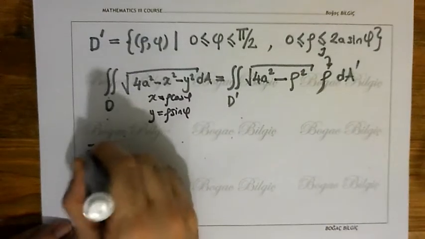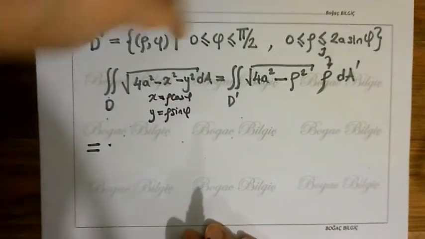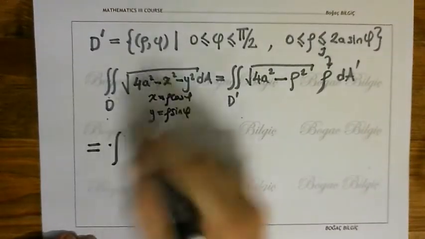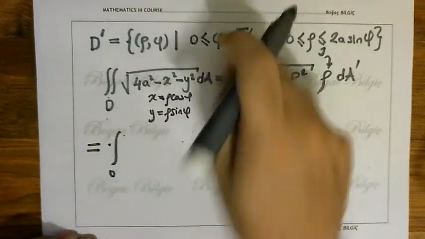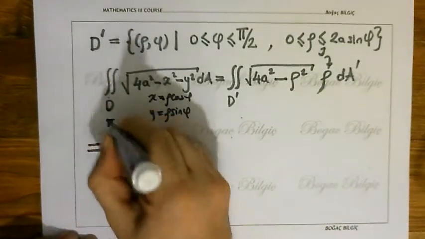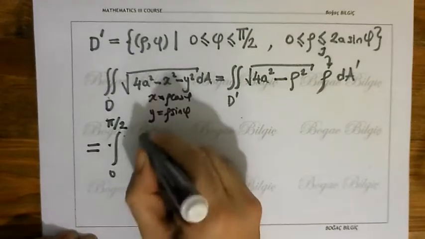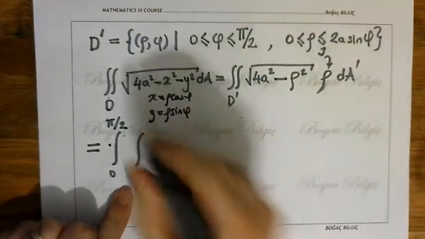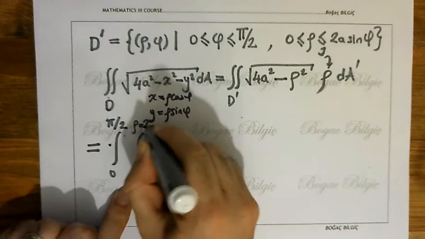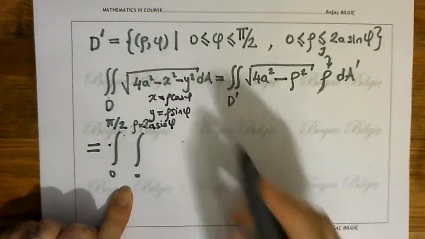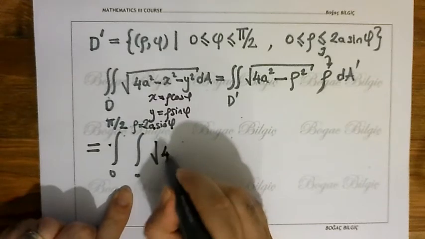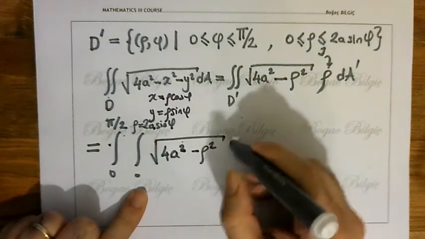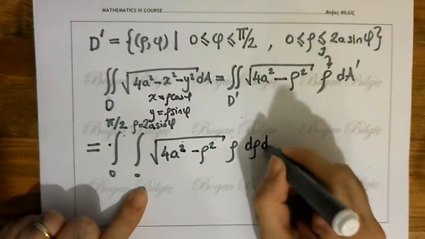And this is equal to, these are constant boundaries, so from 0 to π/2 and from 0 to 2a sin φ, the square root of 4a² − ρ² ρ dρ dφ.